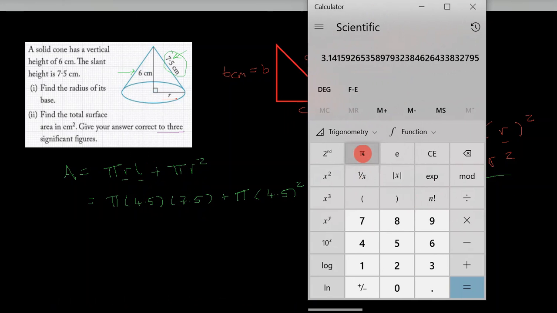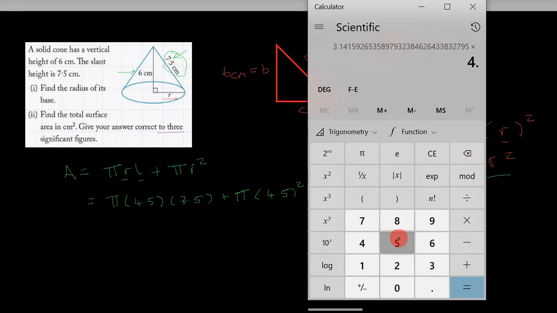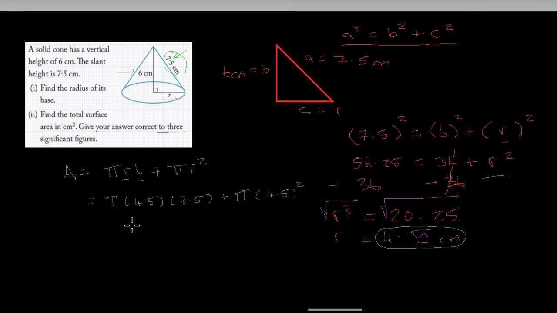So then we can work out these parts. Pi multiplied by 4.5, and then multiplied by 7.5, is equal to 106.02.